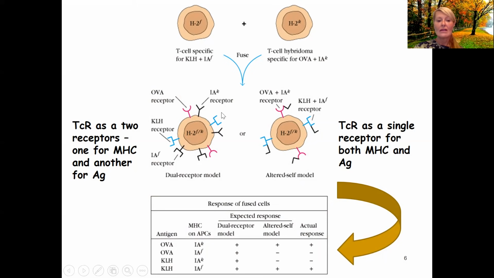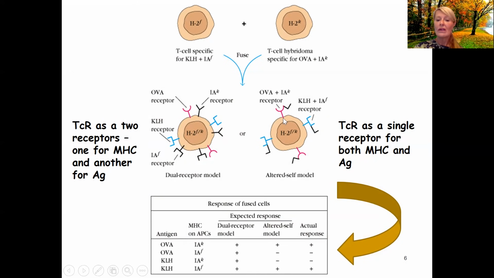And so I guess that's just a duplicate, kind of showing how they can be shifted around here. So this cell here is H2K and F. You can see the superscript F and K. So if there's two receptors, they call this the dual receptor model. But if there's just one receptor, you won't have these individual receptors around the outside of the cell.